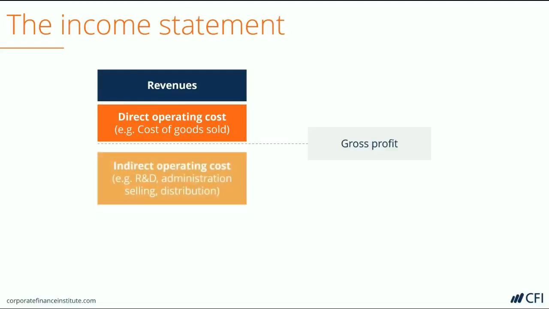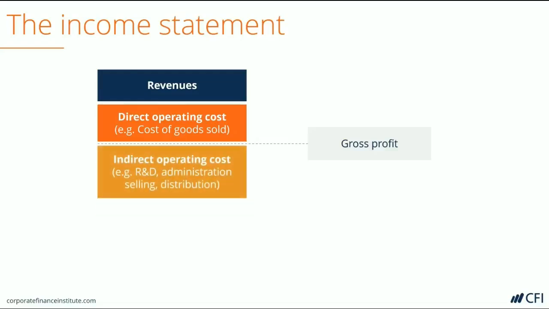Next on the income statement come the indirect operating costs. These include things like research and development, administration, selling, and distribution. Several of these line items may be grouped into one, sometimes called selling, general, and administrative expenses, SG&A, or just general and administrative costs, G&A.